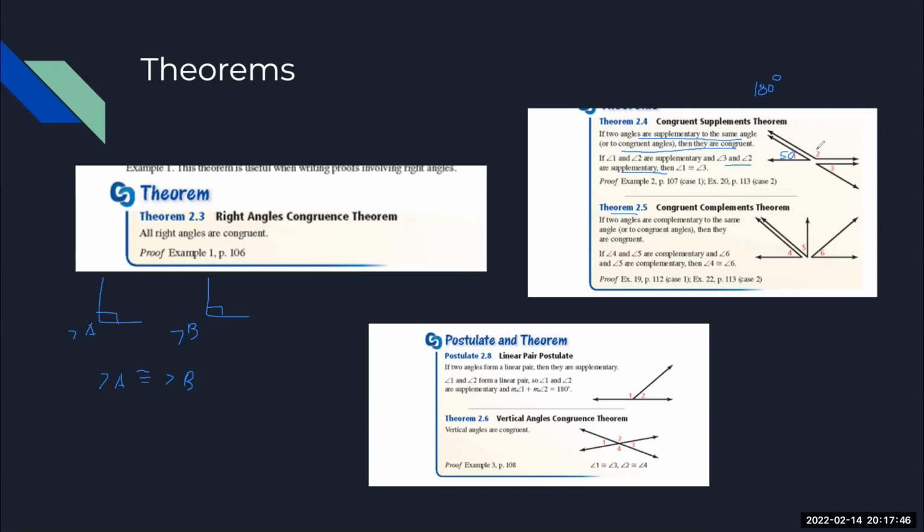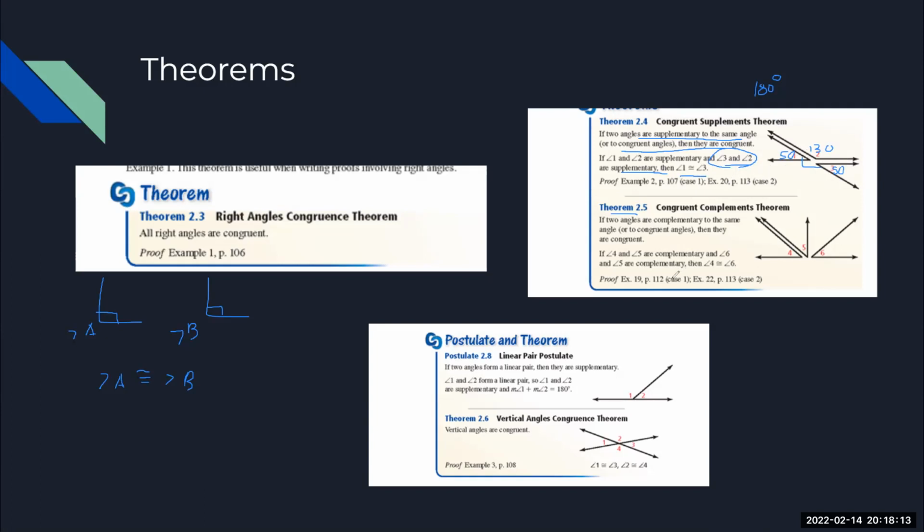That makes angle 2 130 degrees because angle 1 and angle 2 are supplementary. But it also says angle 3 and angle 2 are supplementary, and you know that angle 2 is 130. So that makes angle 3 50 degrees. So you can say that angle 1 is essentially equal to angle 3, which is shown right here.